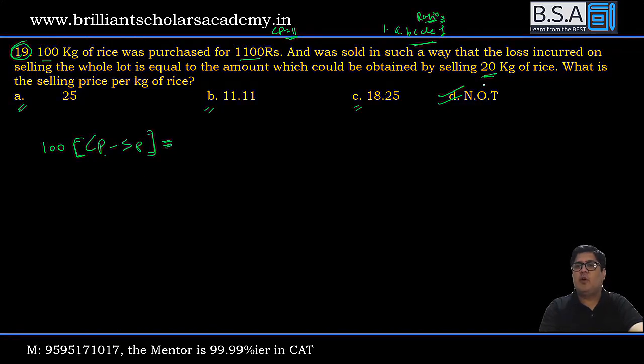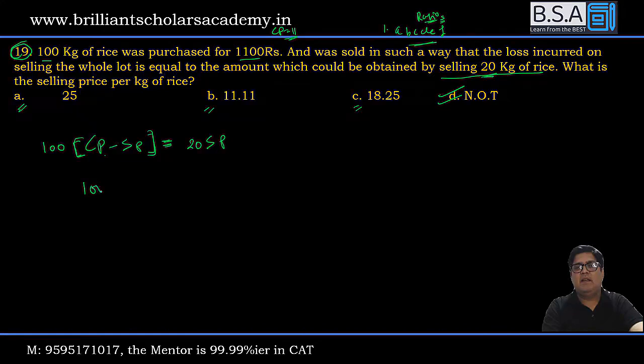It leads to a loss which is equal to the selling price of 20 kg. The whole lot is sold in such a manner that the loss is equal to the amount which could be obtained by selling 20 kilograms of rice. So 20 SP. So you will probably try to cancel this 20. Don't do that. Why do you want to do that?